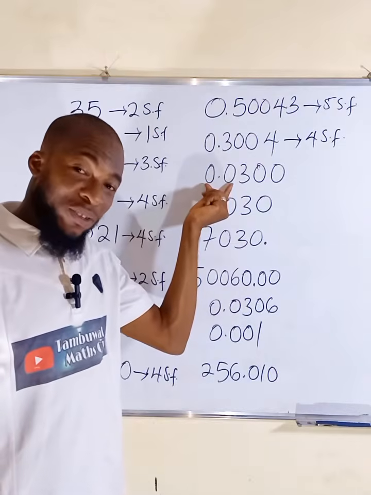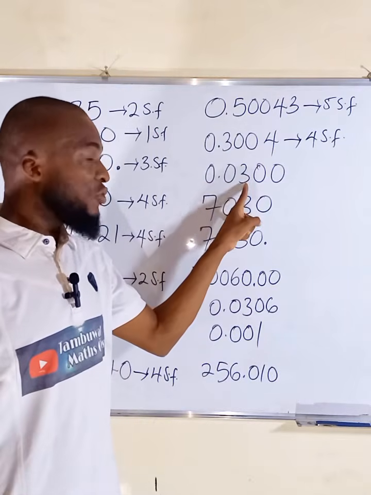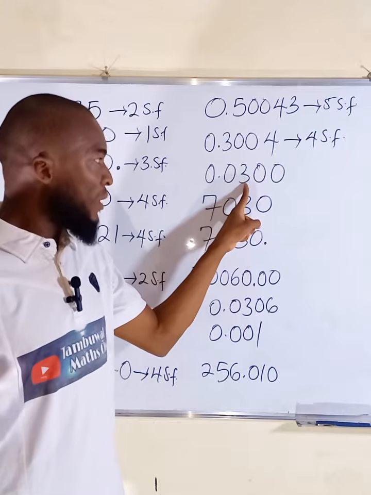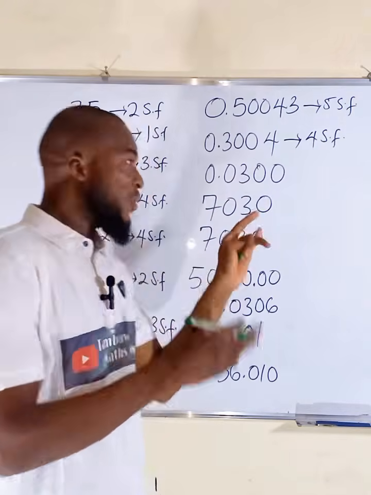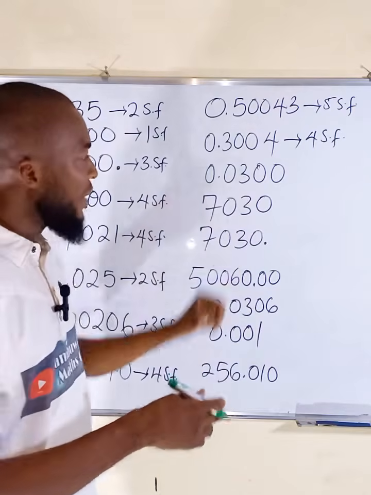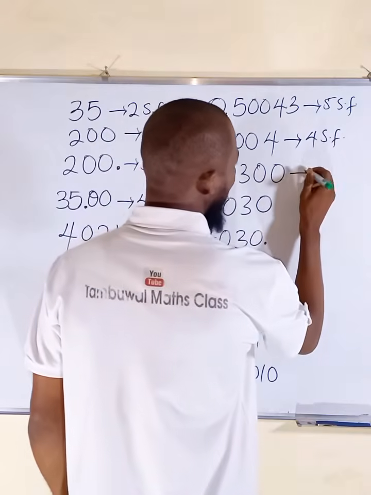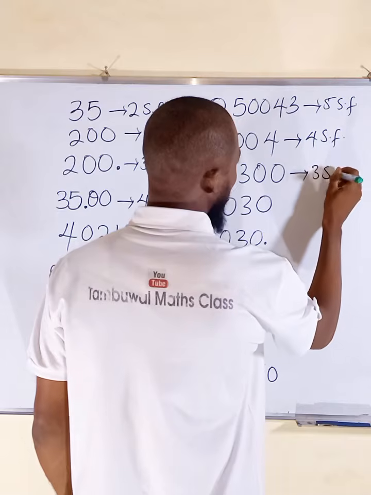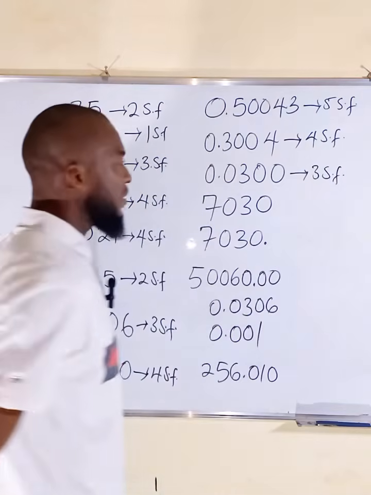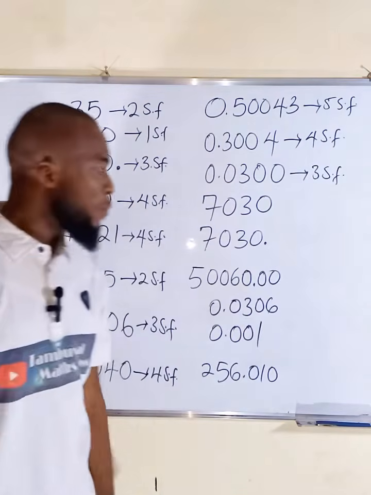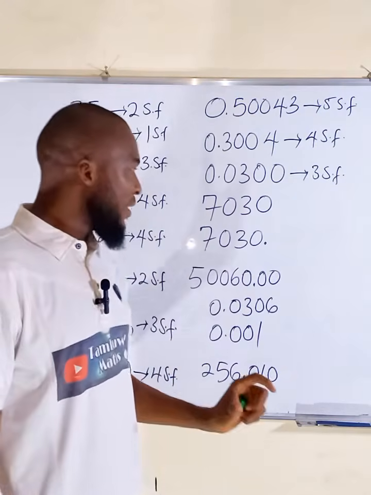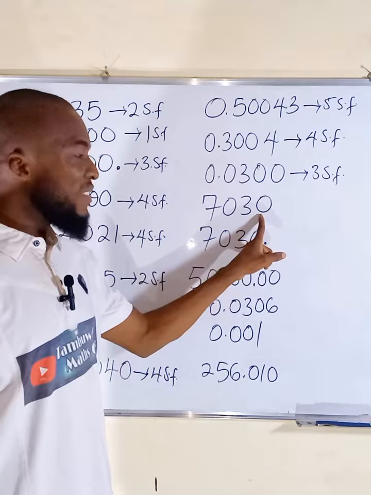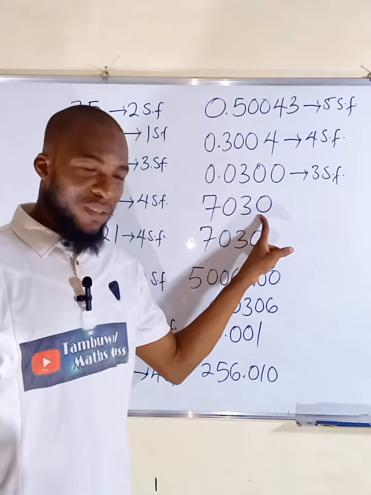Leading zeros are non-significant. This is a natural number. It is significant. These are trailing zeros. They are significant in this case because the number contains a decimal. Therefore, we have 3 significant figures. What about this one? This number does not contain a decimal. Therefore, this trailing zero is not significant in this case.